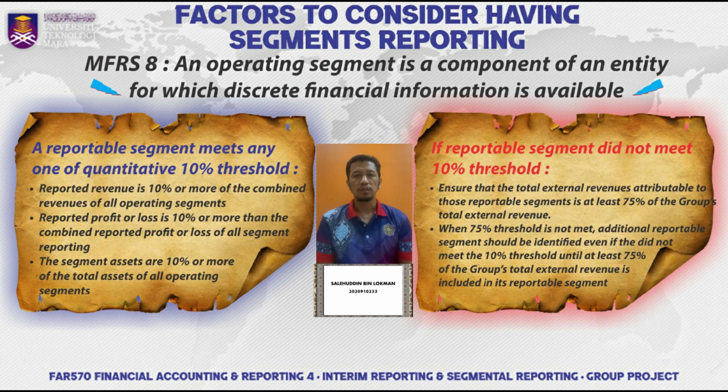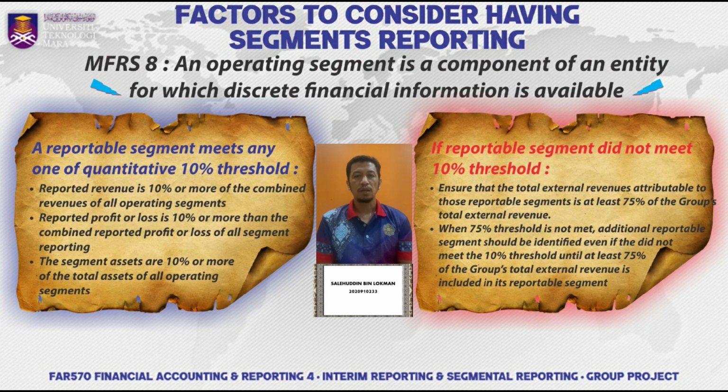Reported revenue is 10% or more of the combined revenue of all operating segments. Reported profit or loss is 10% or more of the combined reported profit or loss of all segments reporting. The segment assets are 10% or more of the total assets of all operating segments.